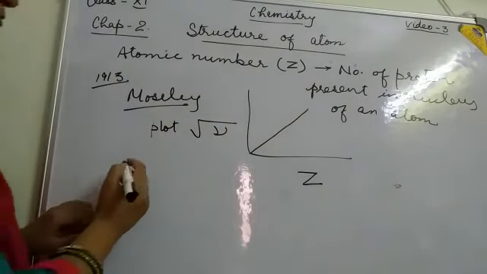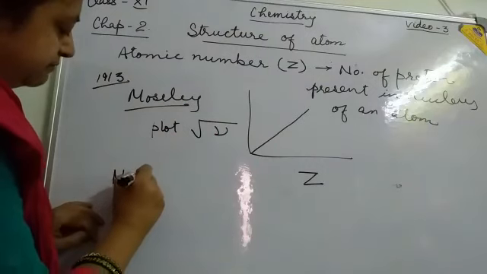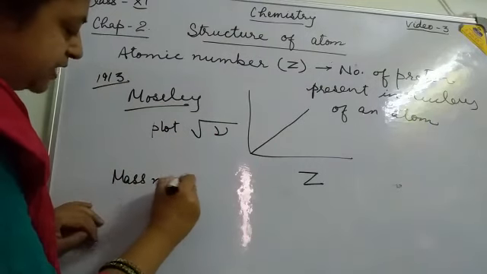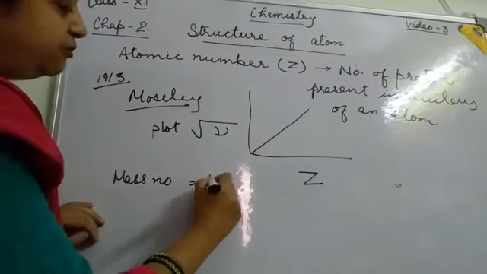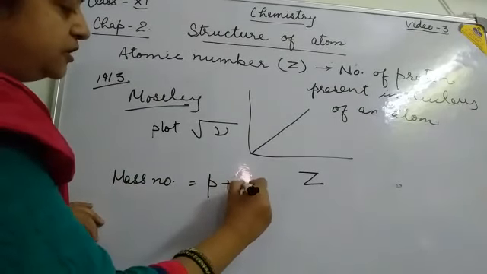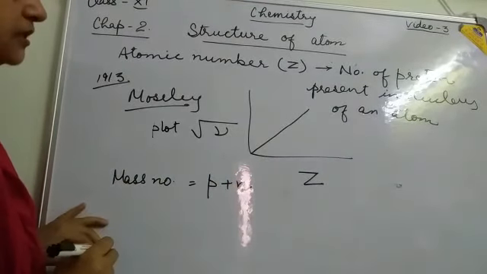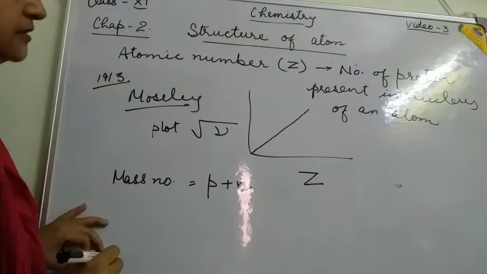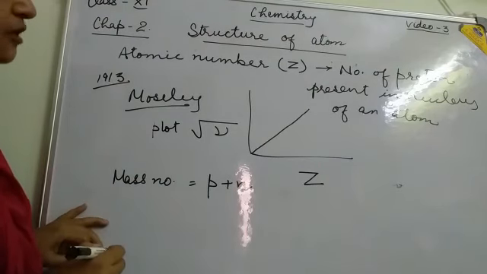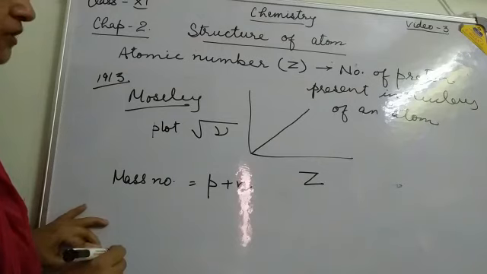Next is mass number. You know very well mass number. What is mass number? Mass number is the number of protons plus number of neutrons present in the nucleus of an atom. As the mass of the electron is very small compared to the mass of the proton and neutron, it is considered negligible.